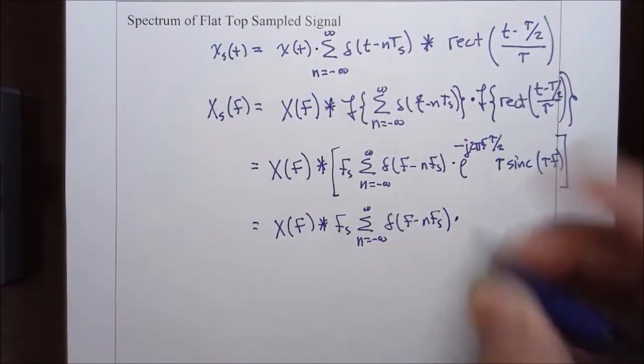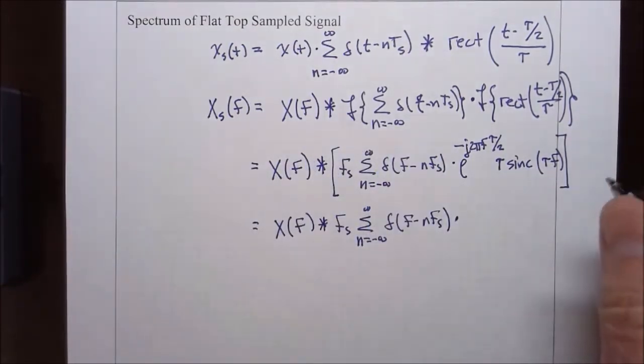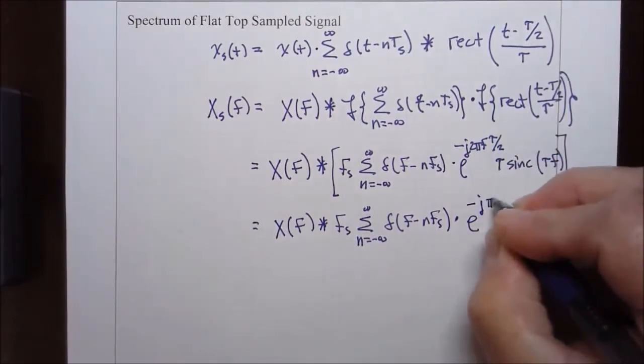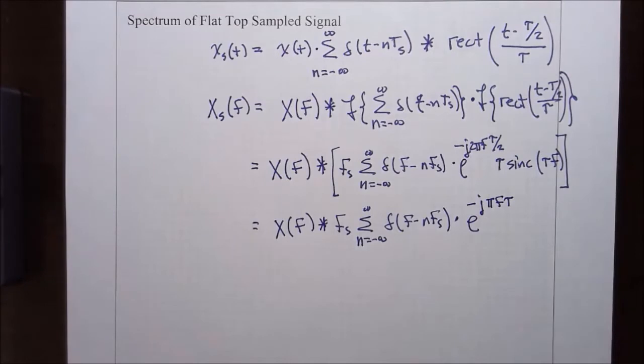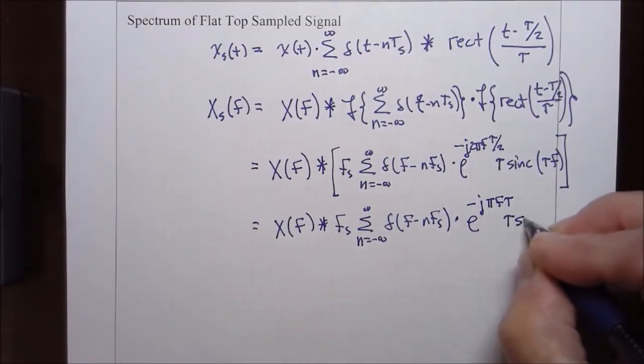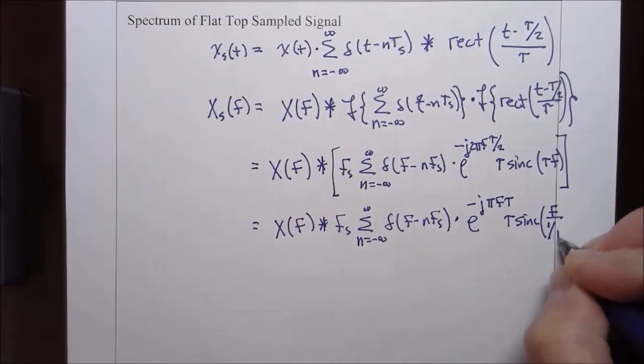Then we can multiply the result of this convolution by e to the minus j pi f tau, and that's multiplying tau sinc of f divided by 1 over tau.